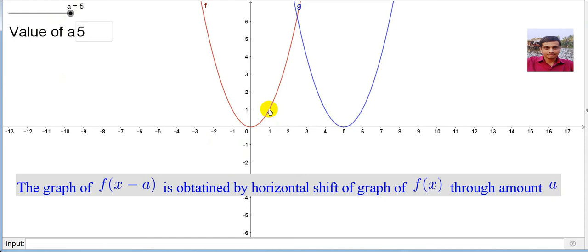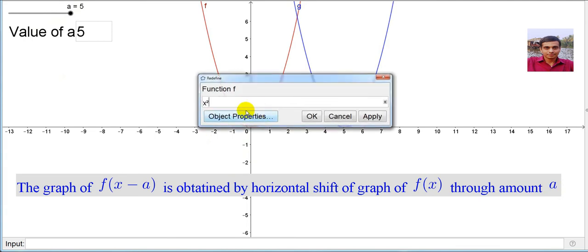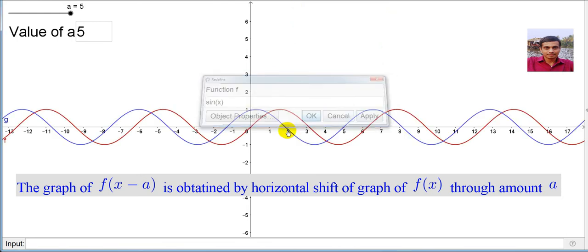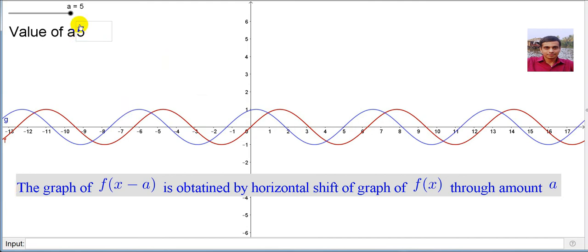This relation is not only applicable for the function x square, it is applicable for all real valued functions of real variables. For example, let us take the graph of sin x, and now we want to plot the graph of sin of x minus 5. So the graph in red color is that of sin x and the graph in blue color is that of sin of x minus 5.